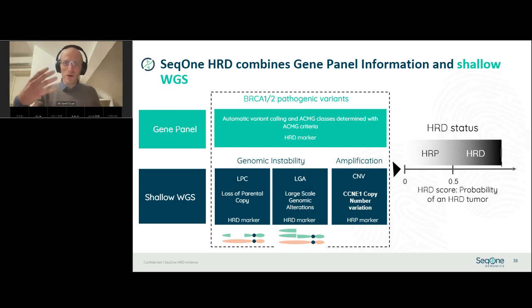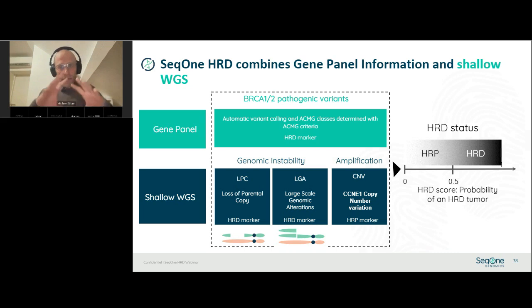The more amplifications there are in the gene copy, the more likely it is that the individual is HRP or HRD negative. So it's the opposite direction compared to genomic instability. They work in opposite directions.